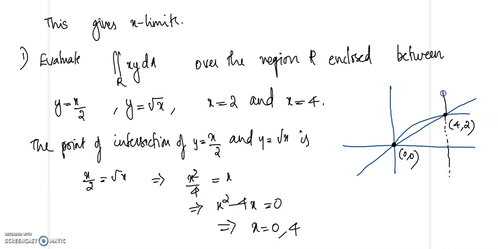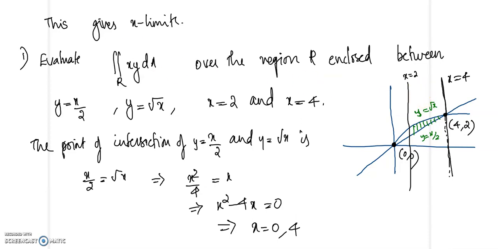So on the right side it is bounded by x equal to 4, and the line x equal to 2 will be somewhere here. So this is our region. Our required region of integration is bounded above by y equal to root x, and below by y equal to x by 2, and on the left and right by x equal to 2 and x equal to 4.